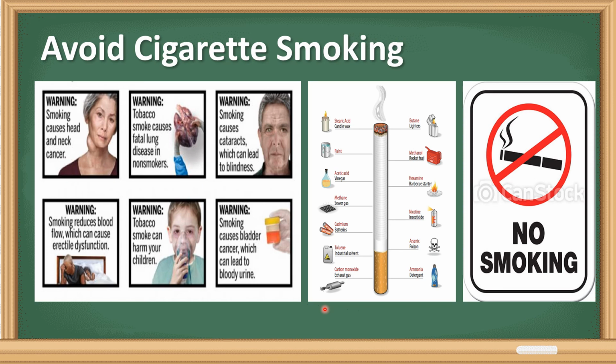Once the respiratory system becomes affected, there's a tendency our circulatory system also becomes affected. For that reason, it is very important to avoid smoking. Do not try to smoke.